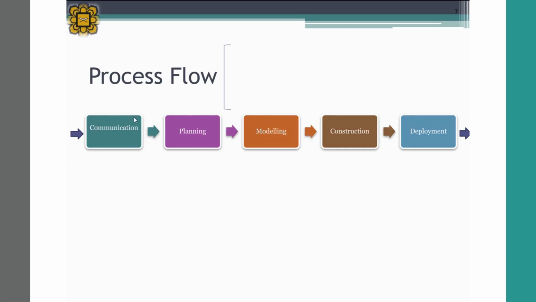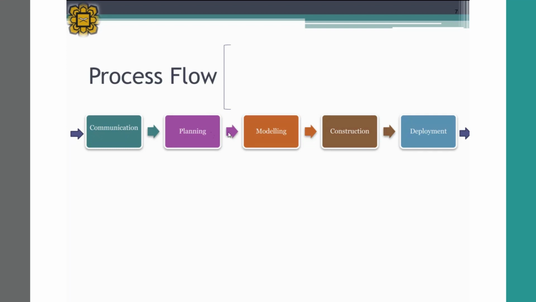Is it the rectangles here, or is it the arrows here? Yes, you are right, it's actually the arrows that determine the flow. What can you say about these arrows? Think about it. What characteristics can you say about this process flow? It's sequential, right? That means it must be executed one after another.